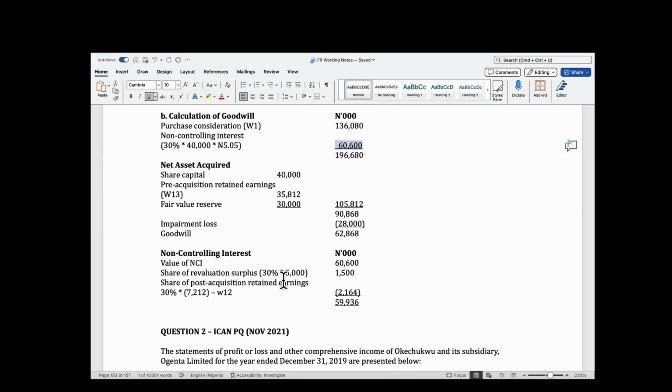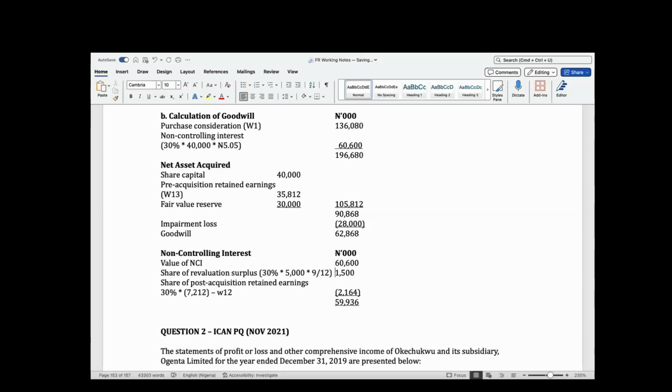Then it will get a share of the revaluation surplus, which is 30% of 5,000 times 9/12. So how much is that?